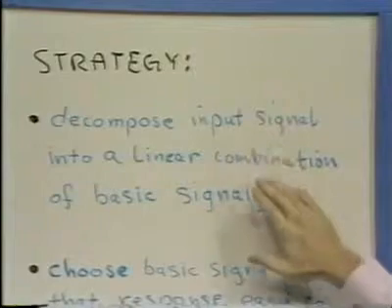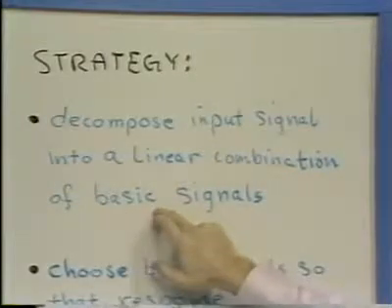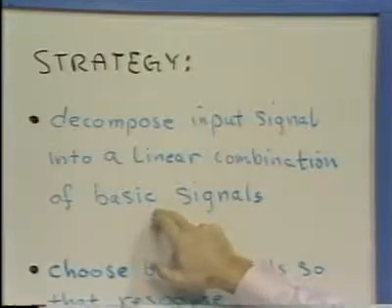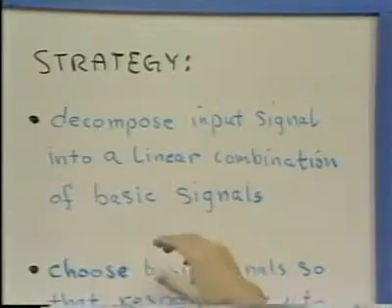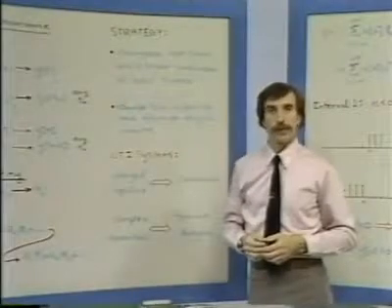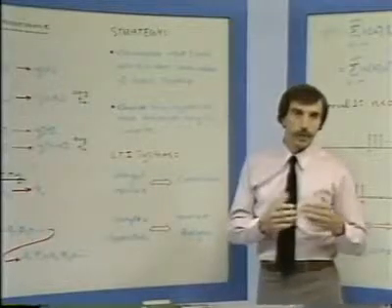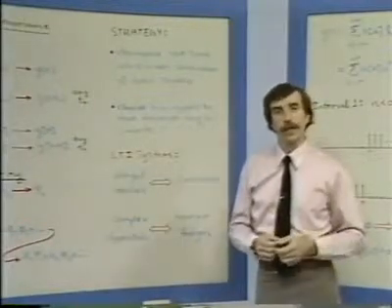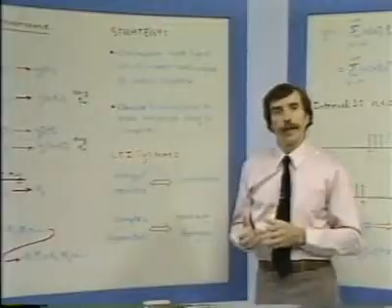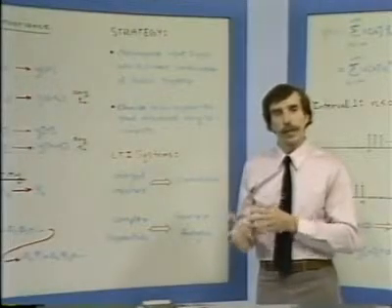And the question then is, what basic signals should we pick? Well, the answer kind of is we should pick a set of basic signals that provide a certain degree of analytical convenience. So we choose a set of inputs for the decomposition that provide outputs that we can easily generate.